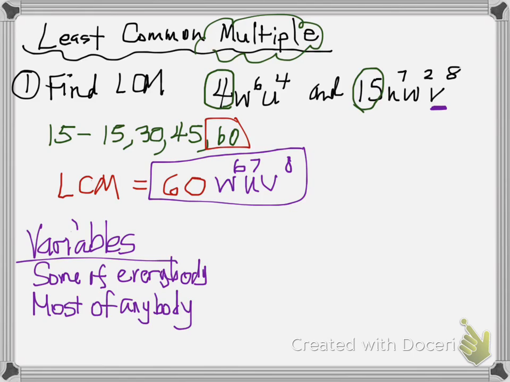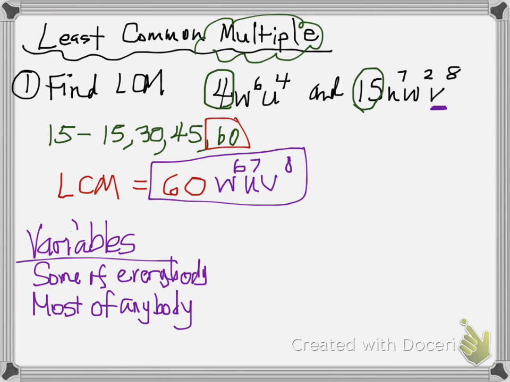It talks about how when you're looking for the least common multiple, you are looking for something that your original expressions can go into. Okay, so you're thinking of it as a multiplier.